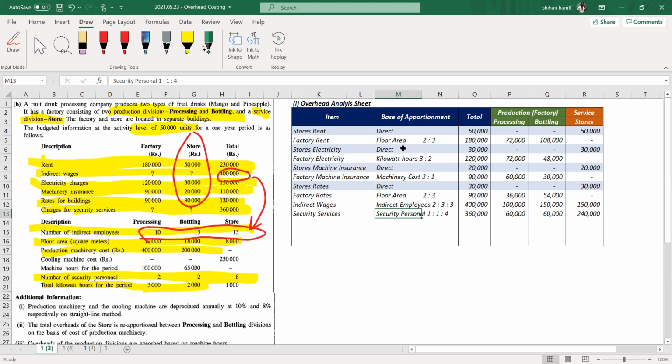See how easy it is to do this. When you look at the question, it feels difficult, but when you do it, it's very simple. The only thing is you need to know the base of apportionment.